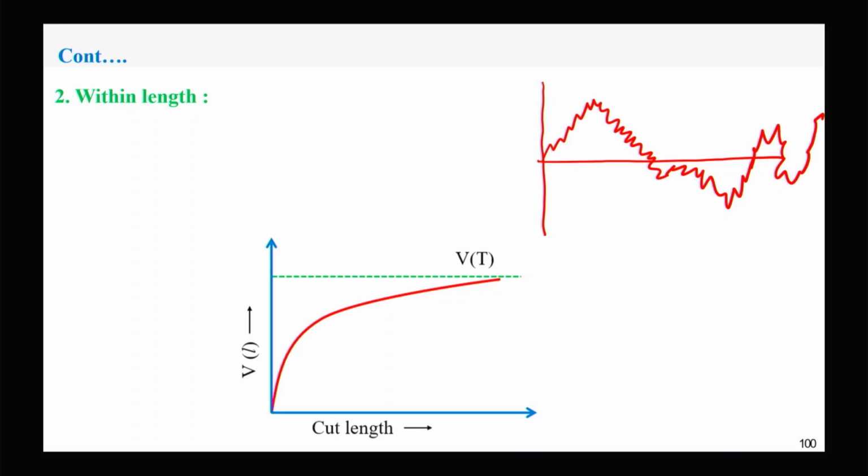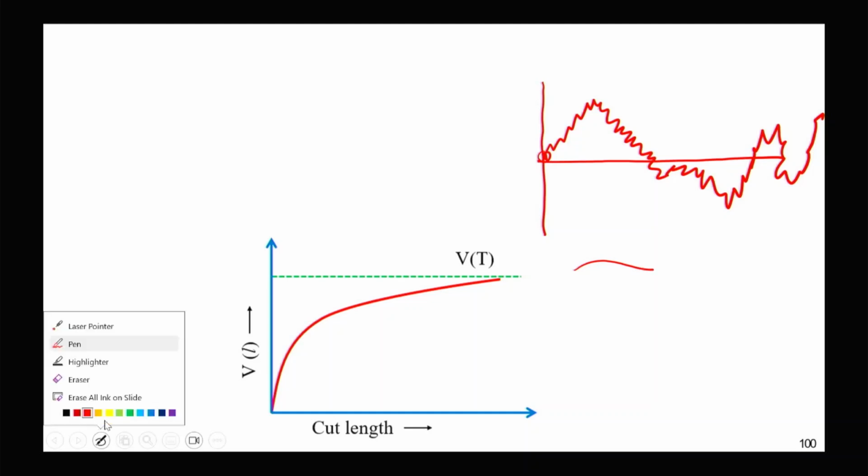Here, if we see within length, now if we take a very small length, now this variation, let us try to discuss with the actual figure of yarn.